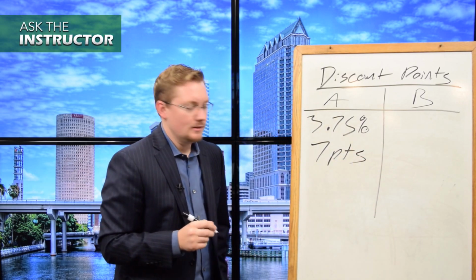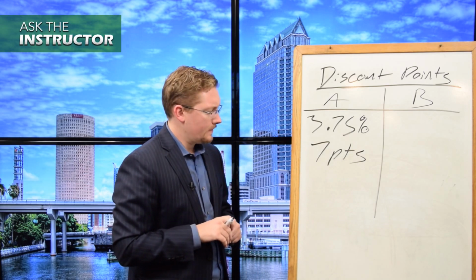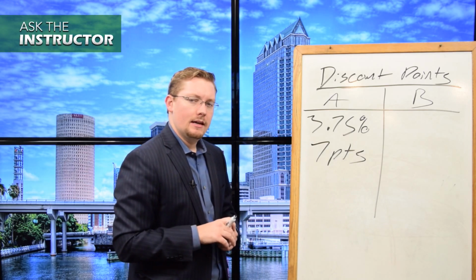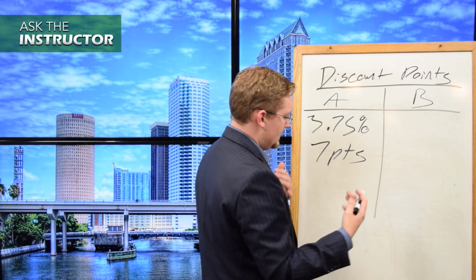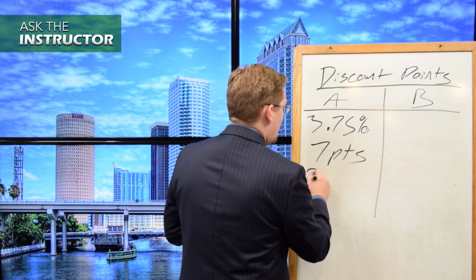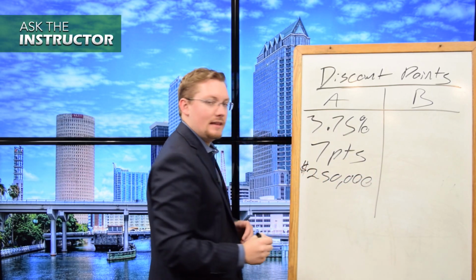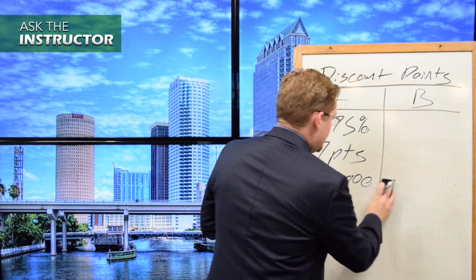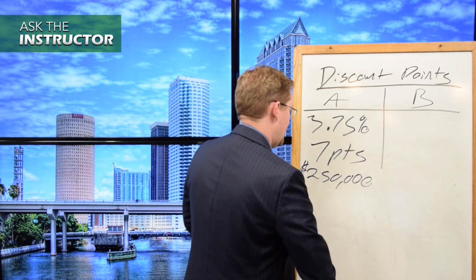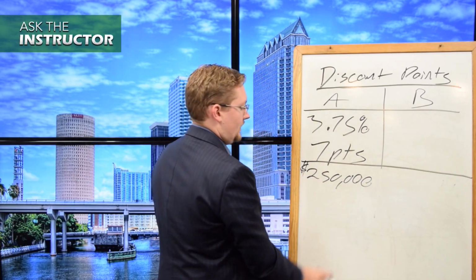And finally, we just need the loan amount for this as well. Let's say we're buying a property for $250,000. So we have a $250,000 price, and really this is going to be the same for both of these sides here. We're not going to do different properties. We're just going to do the same property.